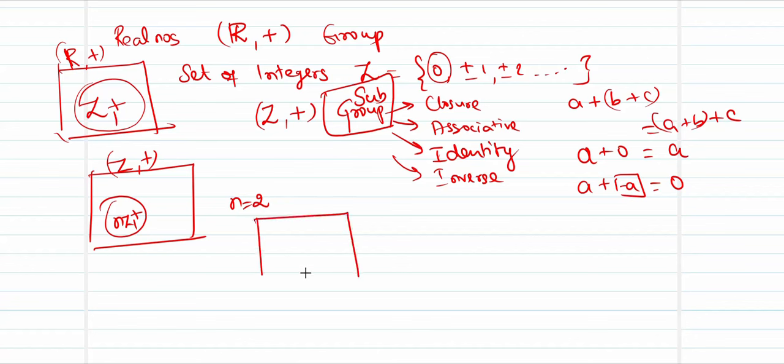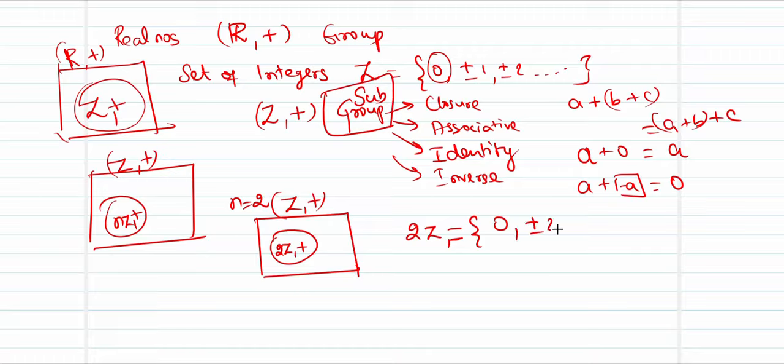Let me have Z with respect to plus, and the subset is going to be 2Z with respect to plus. What is 2Z? 2Z is the collection of all integers that are multiples of 2, or even numbers: 0, plus or minus 2, plus or minus 4, plus or minus 6 and so on.